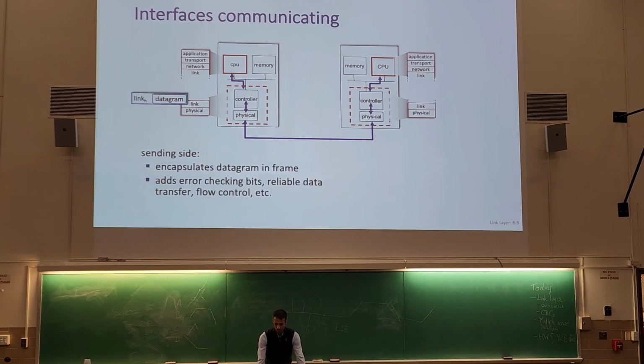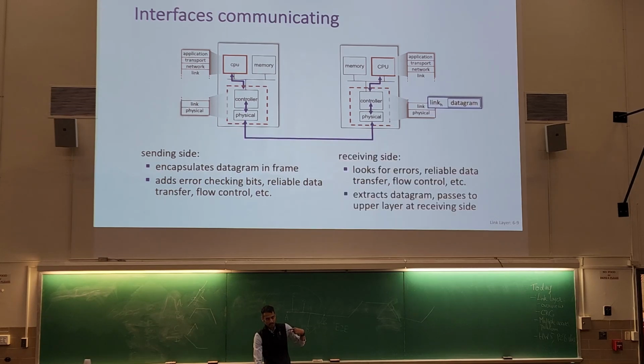At this point, the link layer is going to take that IP datagram, source IP, destination IP, the rest of the IP header fields, and encapsulate that in a link layer header, which has a source MAC address and a destination MAC address on the sending side. It'll also add some error detection information. In the case of reliable link layers, it may add additional information for reliability as well.